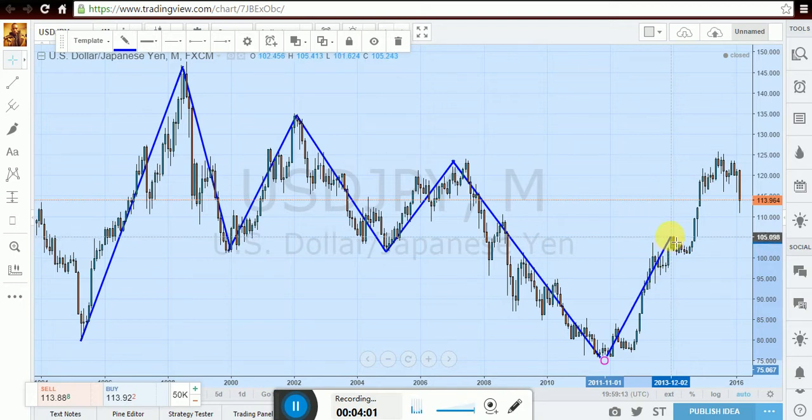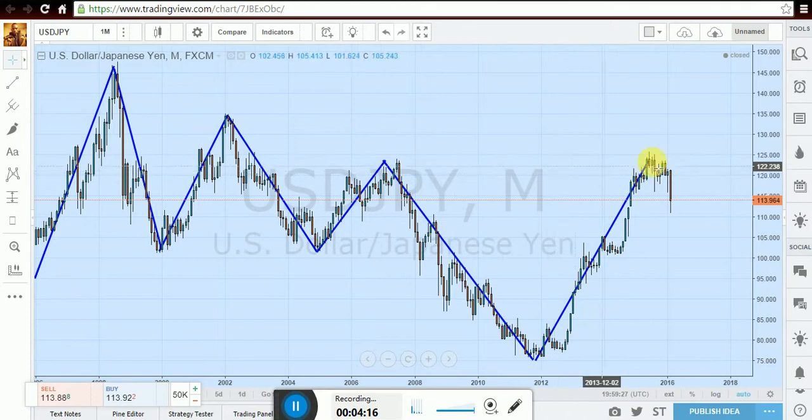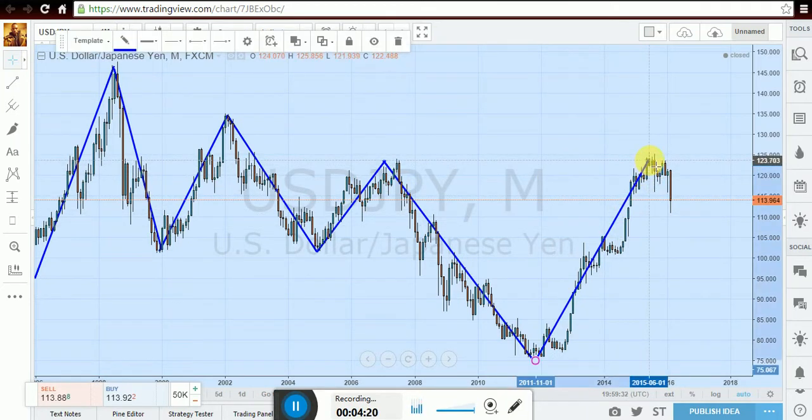You would expect the market to reverse there, but it doesn't always do that. But as a structure trader, as long as this outside return hasn't been broken, the market is still technically bearish. And we can see that the market came back into that previous outside return, and now we're seeing the market starting to fall off.